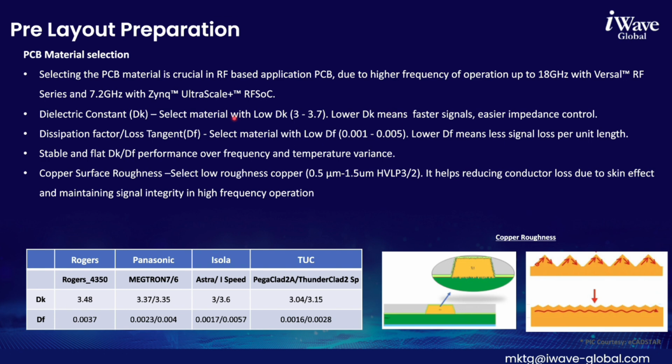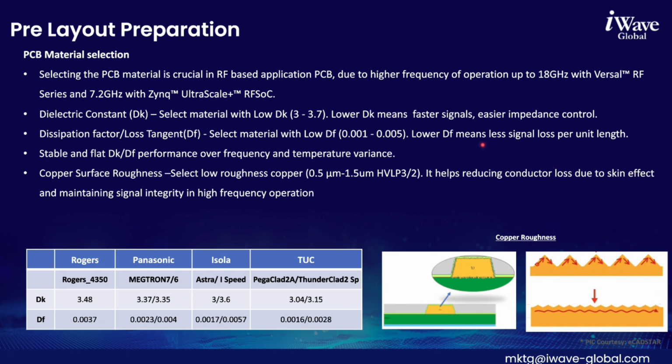The other important parameter is the loss tangent, Df. It is recommended to use a very low Df supported material, 0.001 to 0.005 is the preferred range. Even for the 18 GHz Versal RF, less than 0.002 Df is preferred. So when there is a low Df, what does that mean?